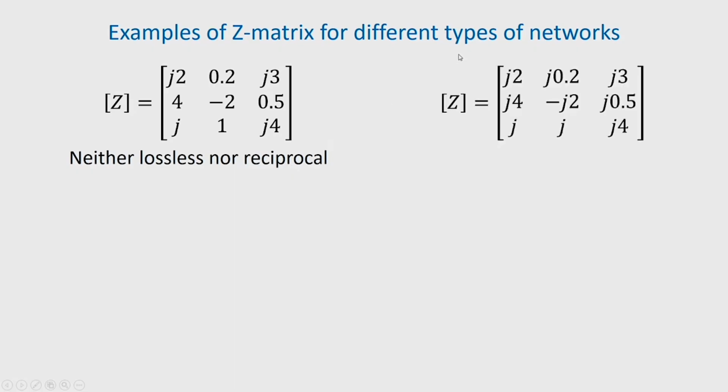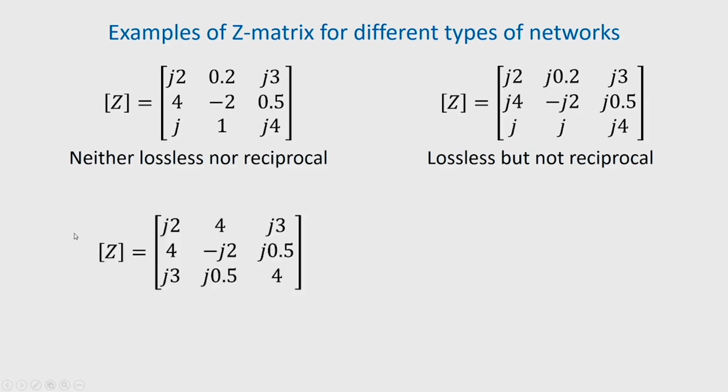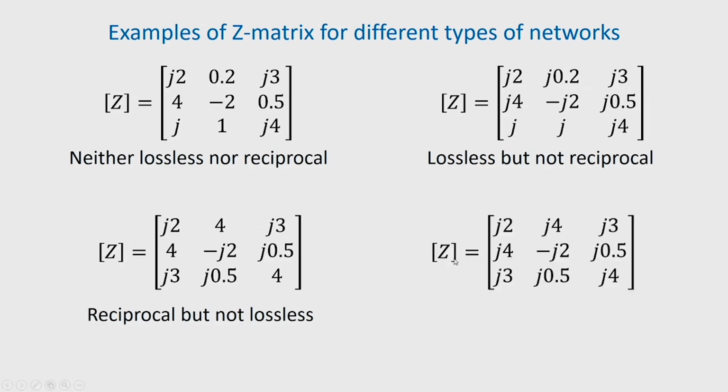Similarly, if you take this matrix, it is lossless but not reciprocal, because we have all the elements to be imaginary. This gives an example of a Z matrix which is reciprocal but not lossless, and this is the case where the Z matrix is both reciprocal and lossless.